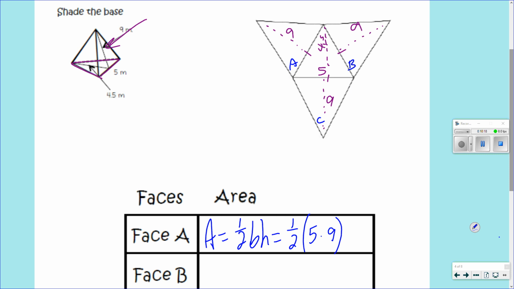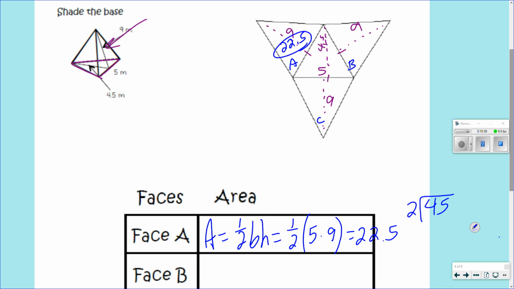So 5 times 9 is 45, and then we have to do 45 divided by 2. Go ahead and do that. 22.5. Perfect, 22.5. And that is here, 22.5.